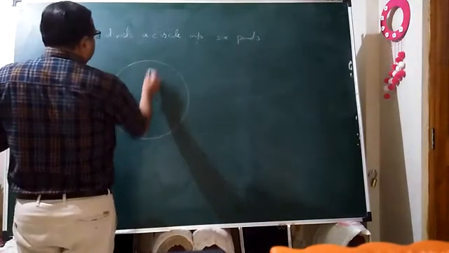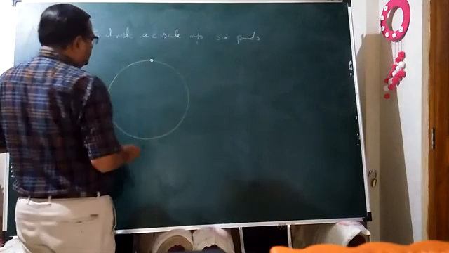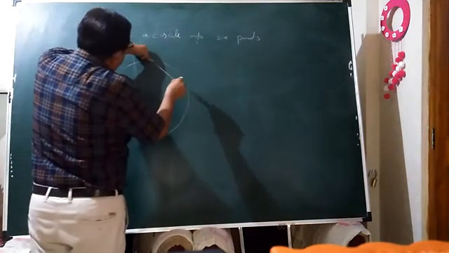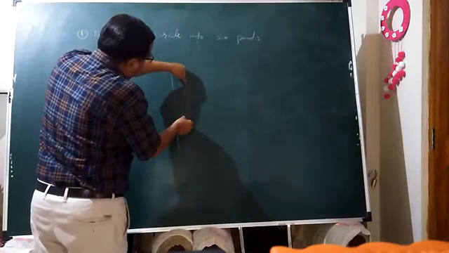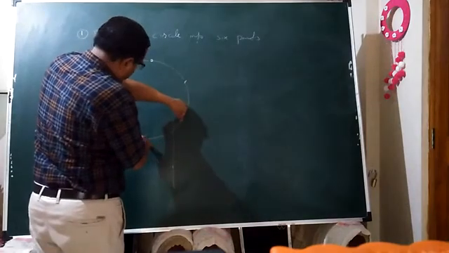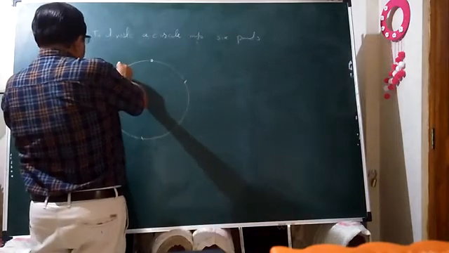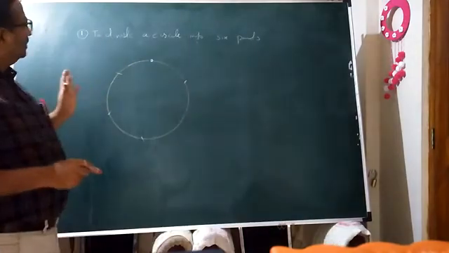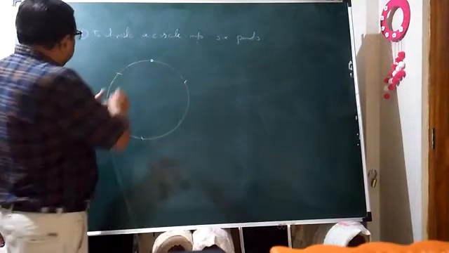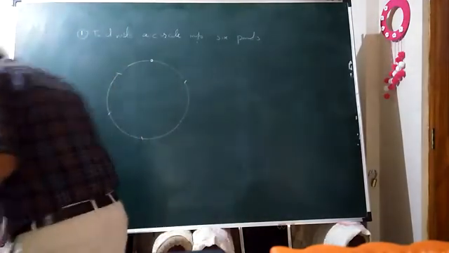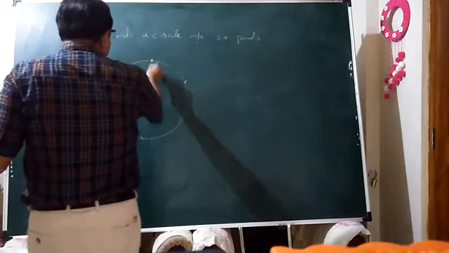Suppose I will mark the first point here. Now with the same radius, just go on marking on the outer periphery of this circle in this way. We will get exactly 6 parts of the circle. Now just simply connect them.